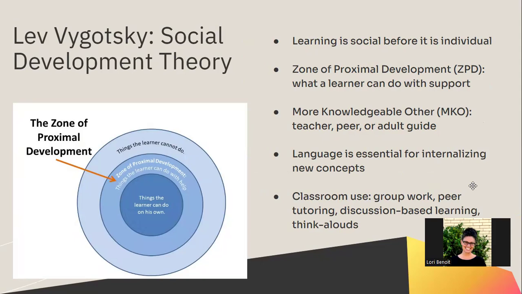So the more knowledgeable other, which could be a teacher or a peer, helps students move through this zone. Language and dialogue are essential tools in learning. And in your future classroom, this means encouraging collaboration and discussion.